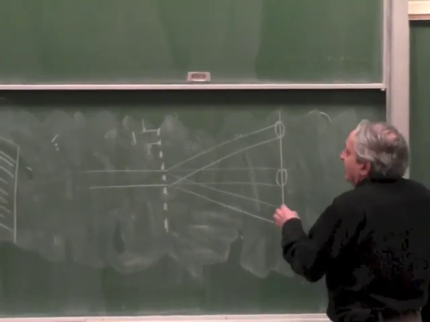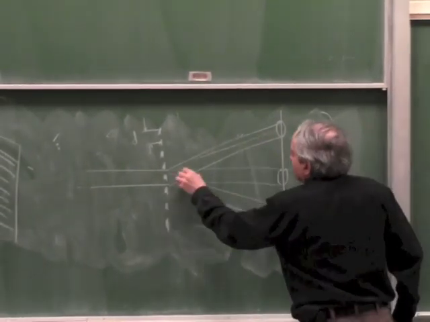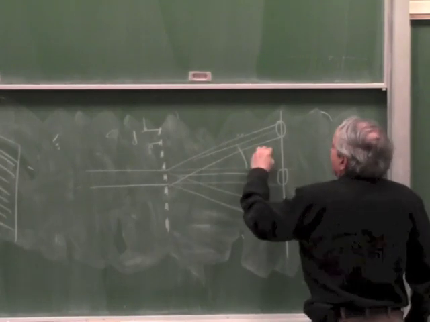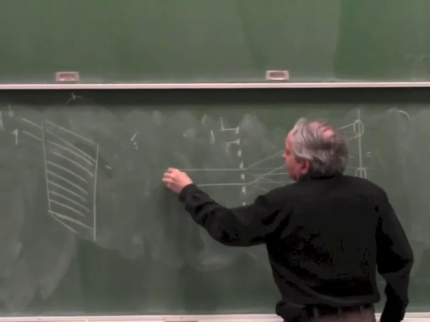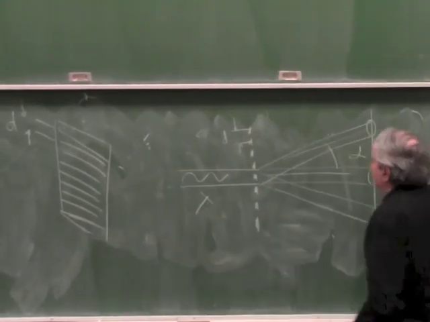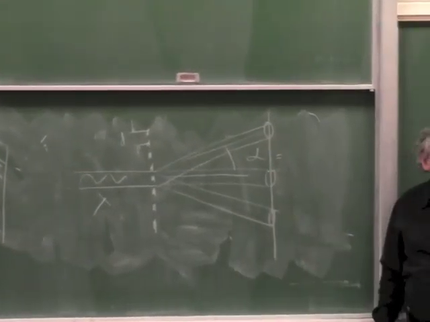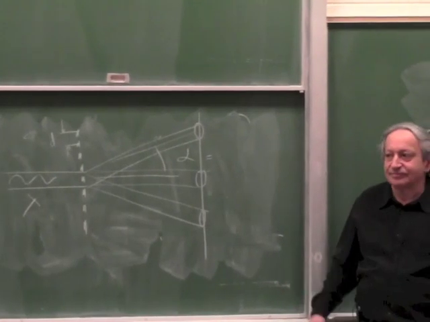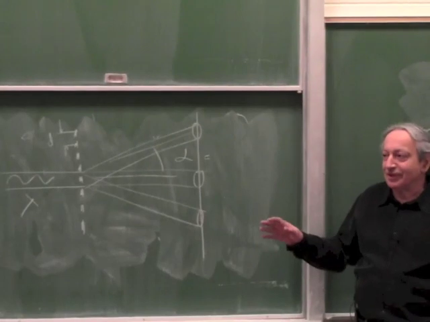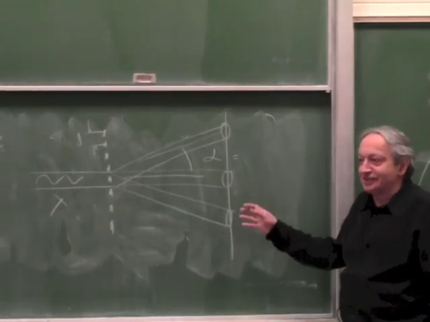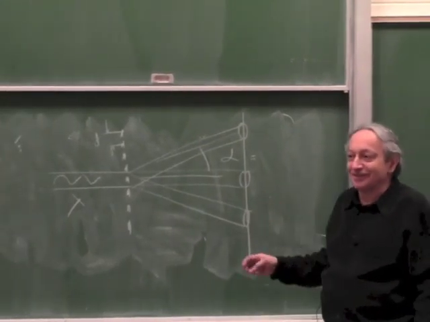And this angle alpha, if this is D and the wavelength is lambda, what will this angle be? You learned it in Physics 101. Every one of you passed the test on that. I'm serious.